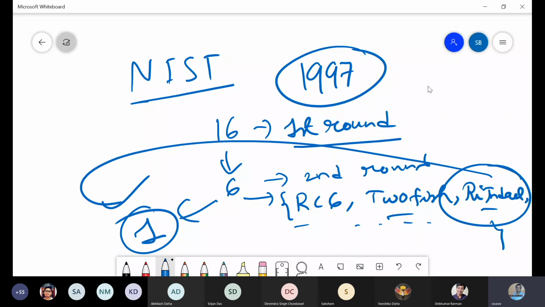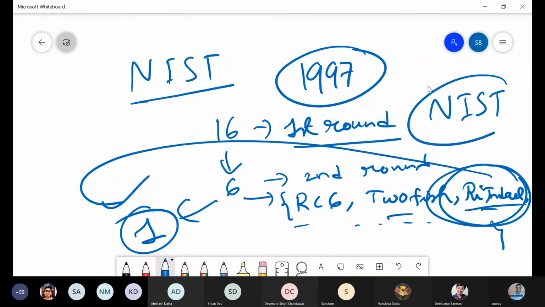Rijndael is the name of the block cipher designed by 2 cryptographers, the Belgian cryptographers Vincent Rijmen and Joan Daemen. At that time they were doing postdocs in MIT. Based on their names, the name Rijndael came. This is a block cipher, and still today it is the standard by NIST.